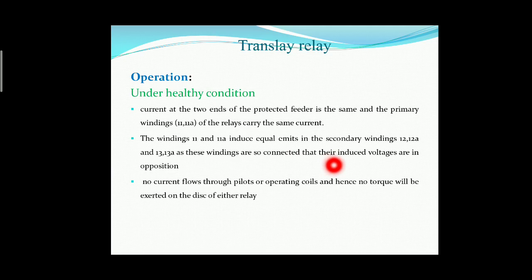These windings are so connected that their induced voltages are in opposition. That means the algebraic sum of the currents will be equal to 0, so I1 minus I2 is equal to 0.